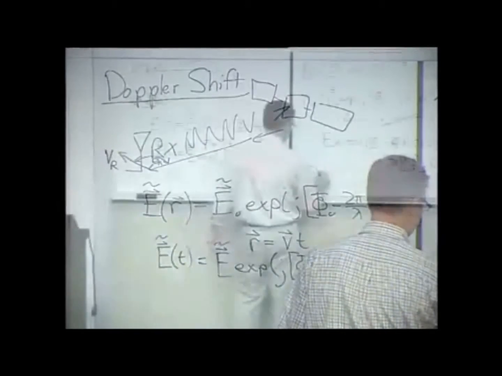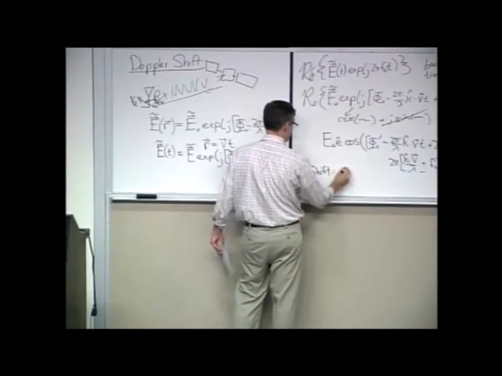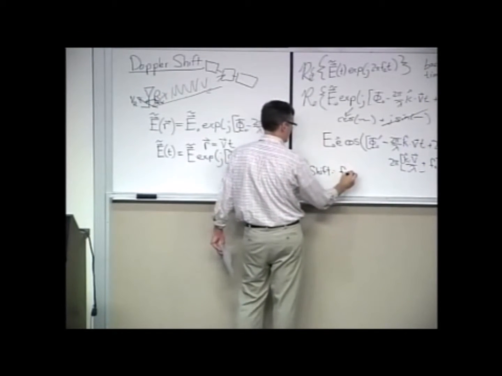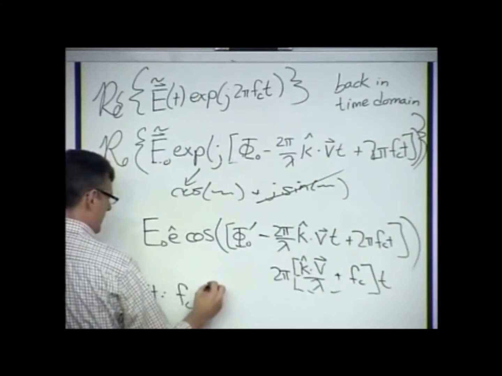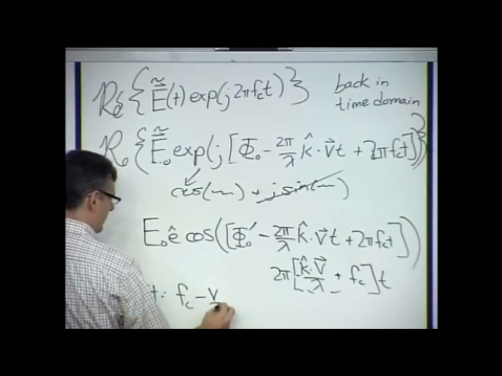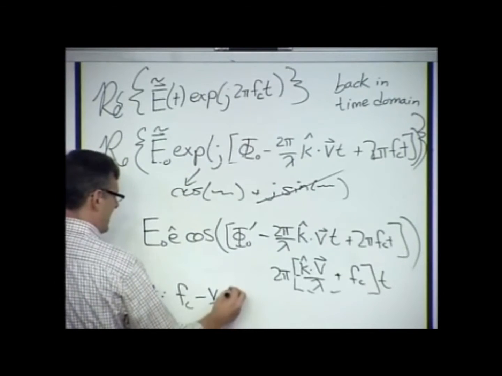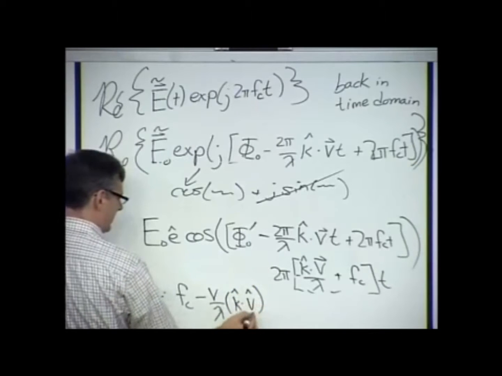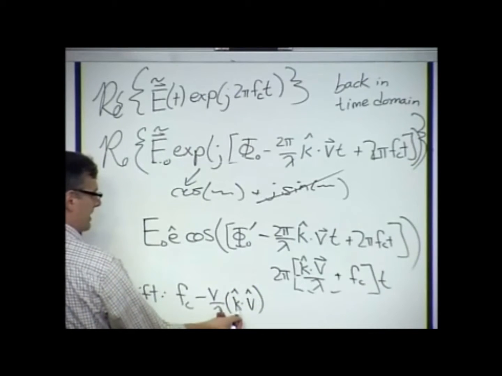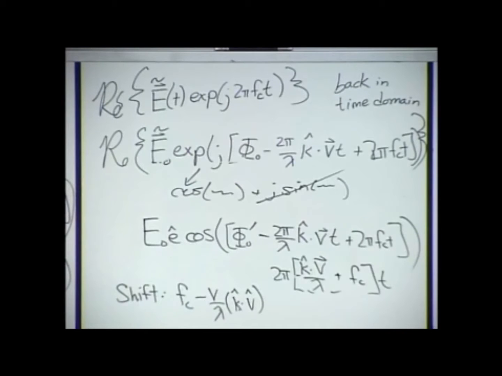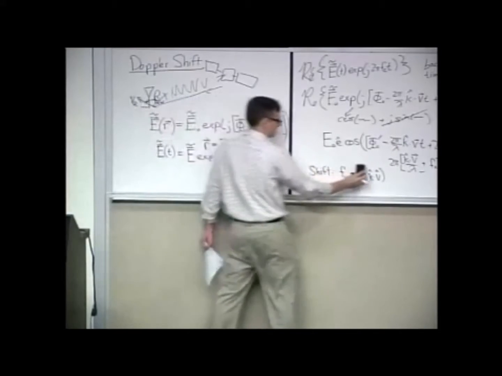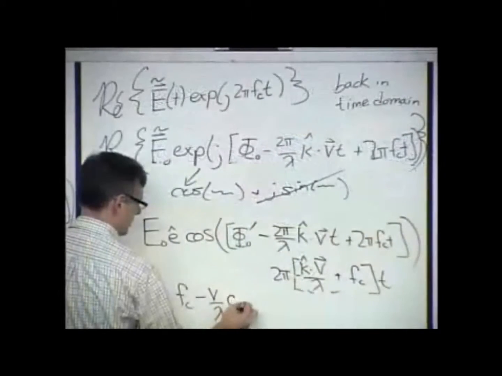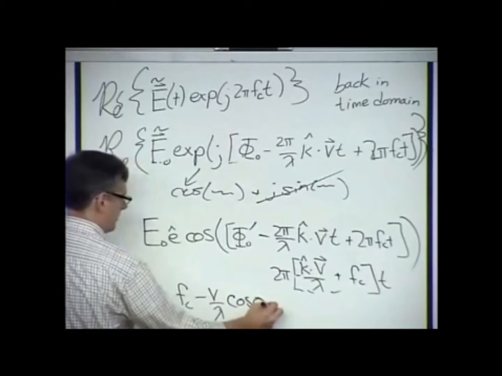So my shift in frequency is now f_c minus, when I take v and normalize it, I can pull out a v over λ. And now what I'm left with is k̂ dotted by v̂: unit vector pointing in the direction of propagation dotted with unit vector pointing in the direction of travel. I know that that's actually a cosine of that angle. I can replace this using vector geometry with cosine of θ_r.